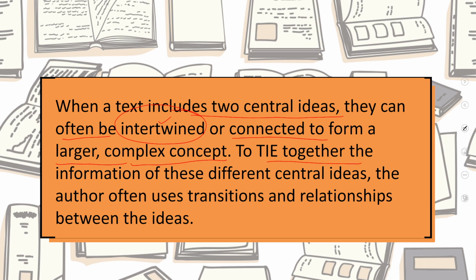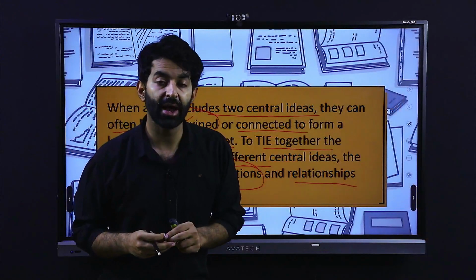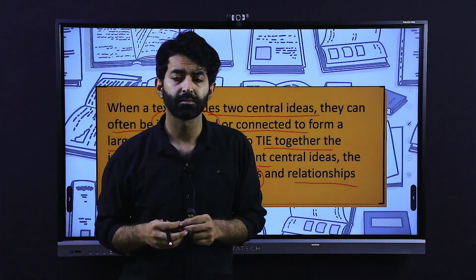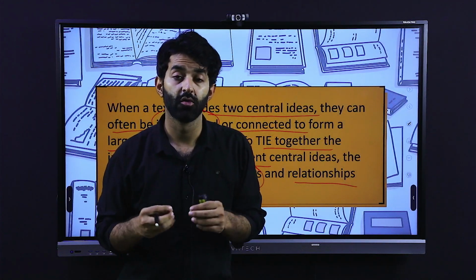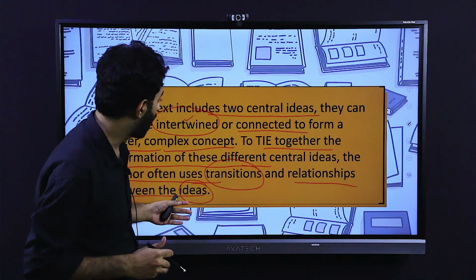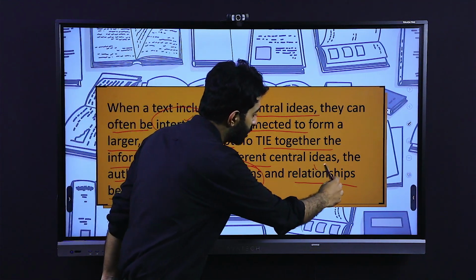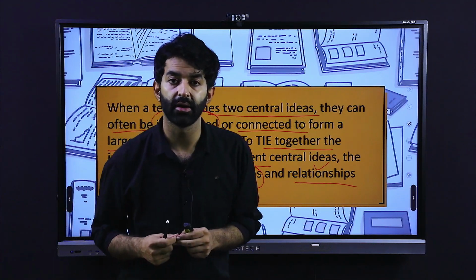To tie together the information of these different central ideas, the author often uses transitions. Yes, there can be the use of transitional devices, different transitional phrases and words, and also relationships between the ideas. Those central ideas that you can find in a text are actually related, and there is a relationship between these two central ideas.